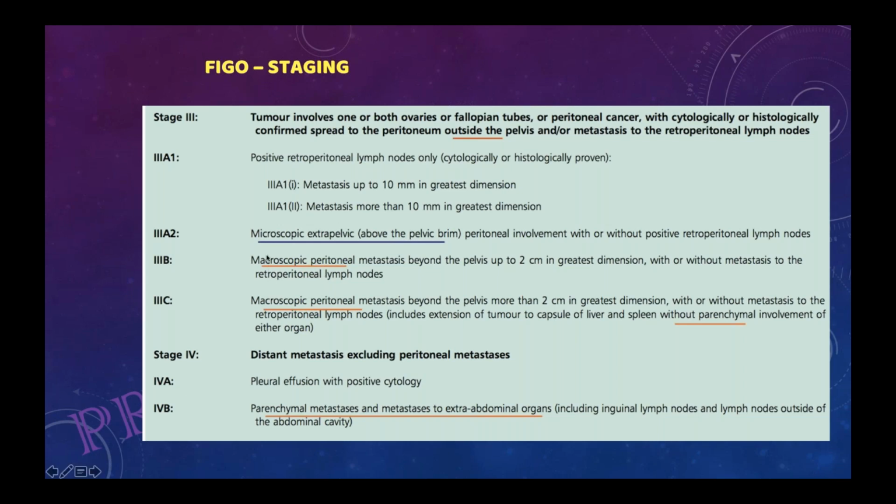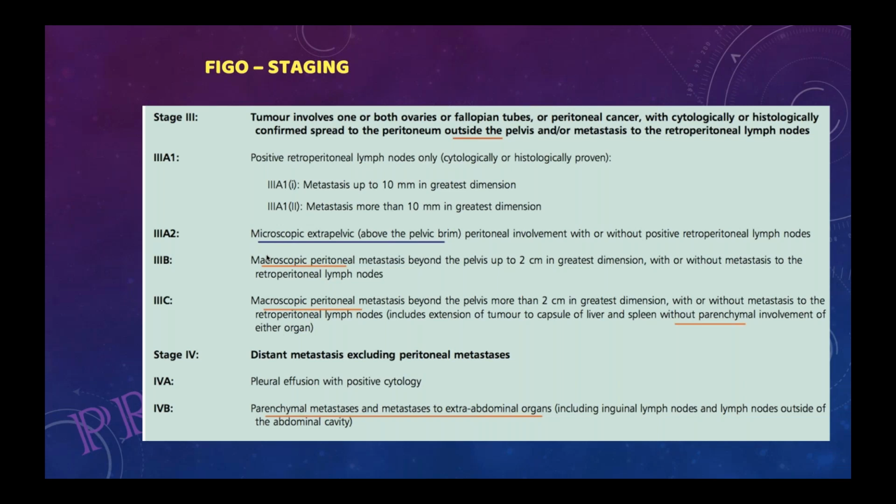If I'm doing surgery and I'm able to see a met in the abdomen with my eyes, it is 3B or 3C. Now I find whether it is 2 centimeters or more than 2.